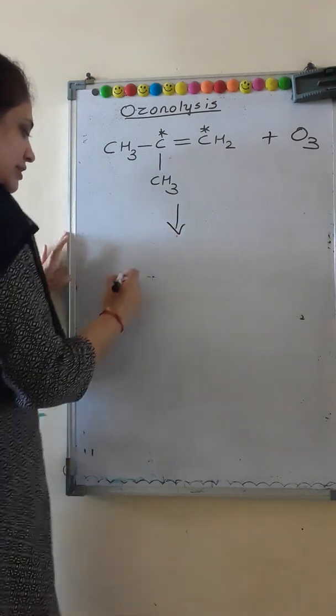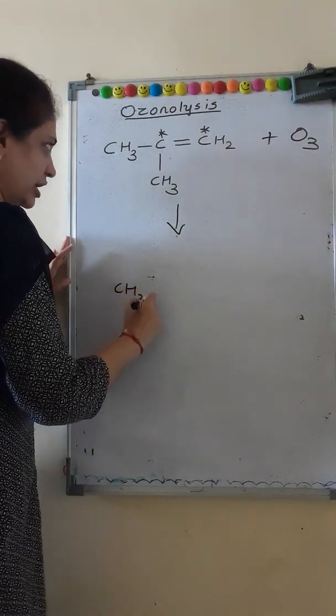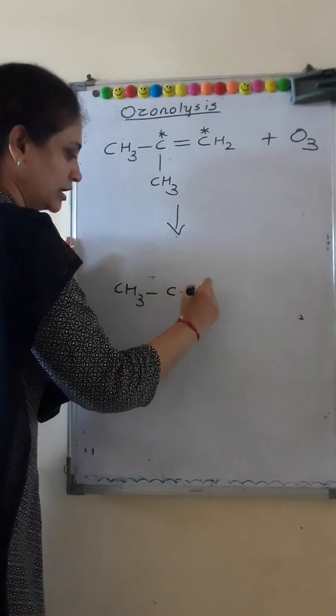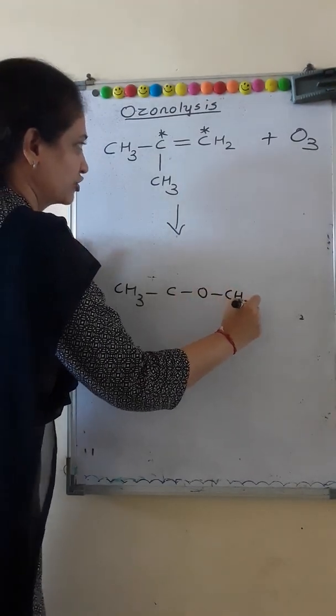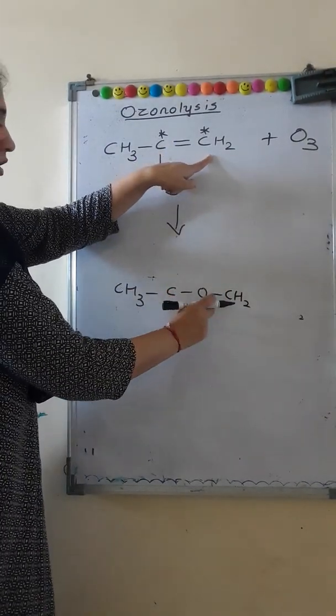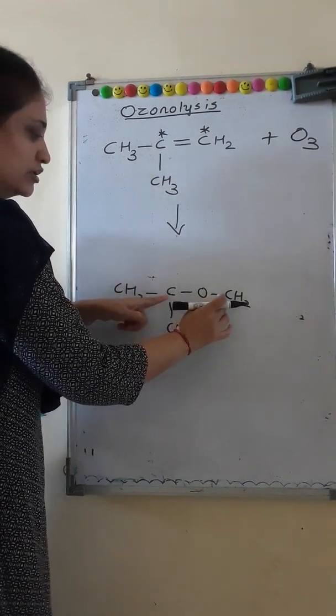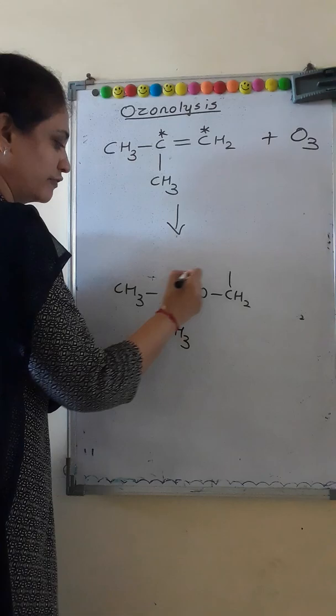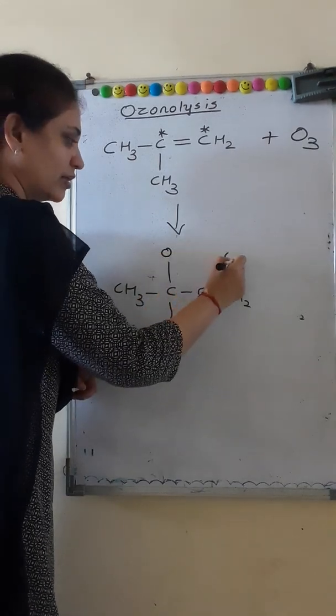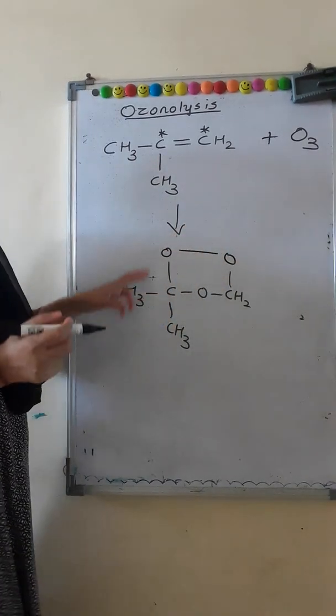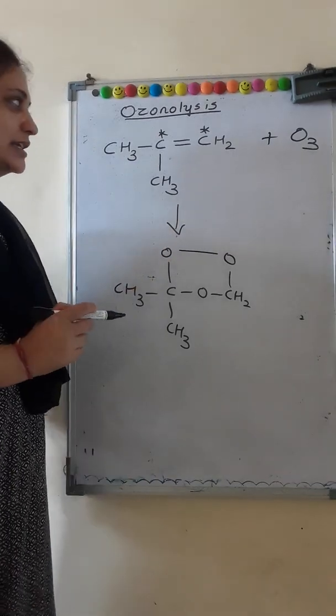So my product is CH3, C, single bond O, single bond CH2, this 2, then CH3. For these 2 carbons, one more valence is satisfied by bonding with oxygen, and this way the triozonide is formed.